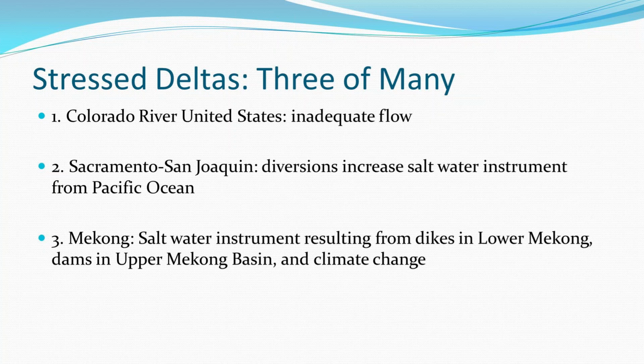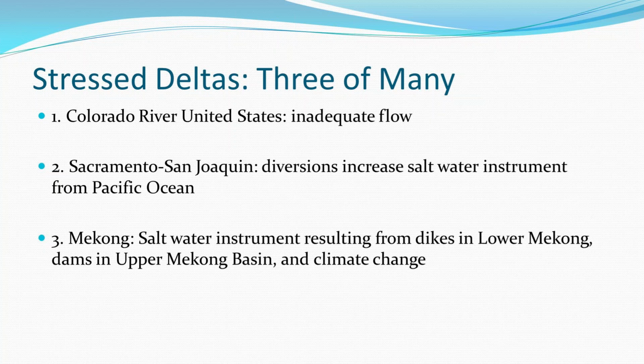There's an international treaty between Mexico and the United States. But for a long time, both countries said the treaty allowed them to use all the water to which they were entitled, and the delta was just an unfortunate consequence of that, but it had no legal status.